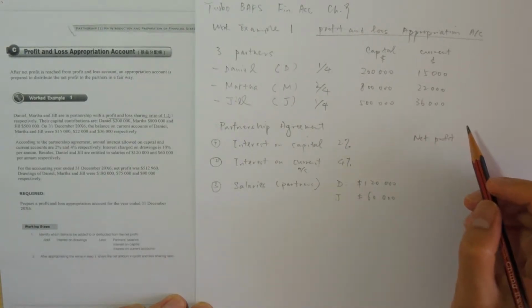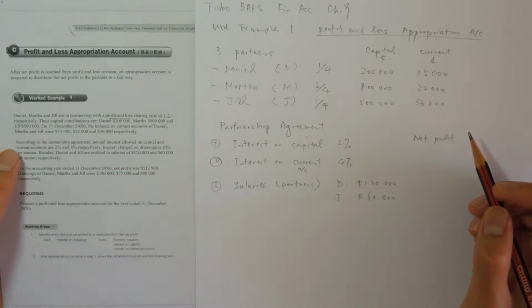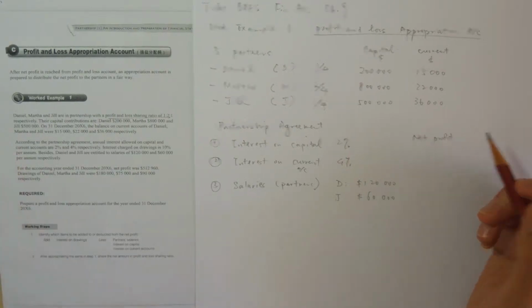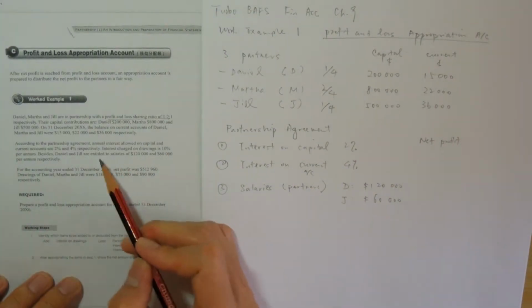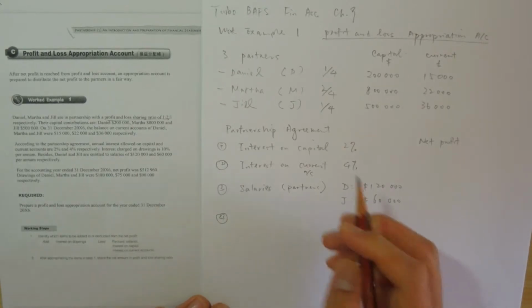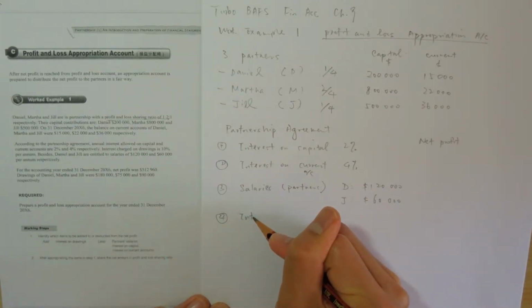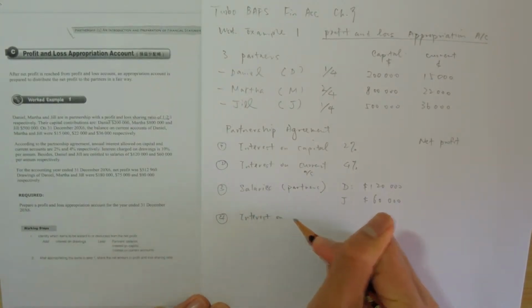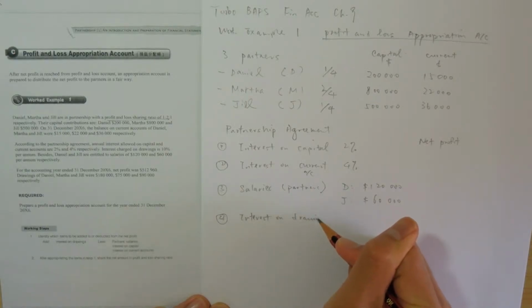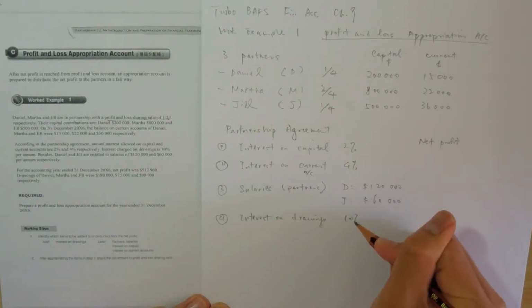Okay, next we have the net profit. The total net profit was the... Okay, sorry, I missed one part. Here, the fourth one is the interest on drawings, which is 10%.